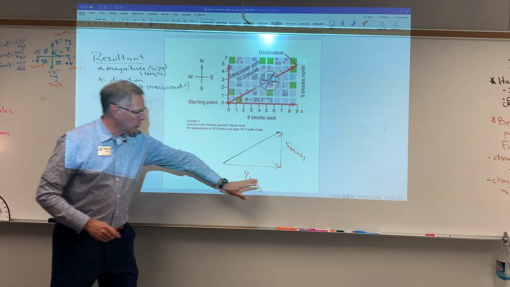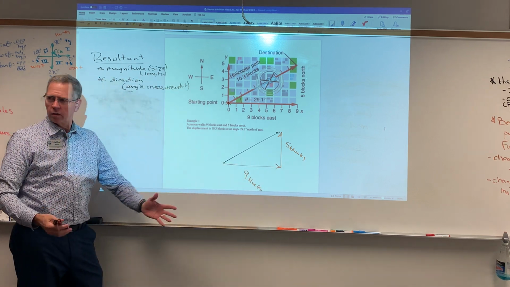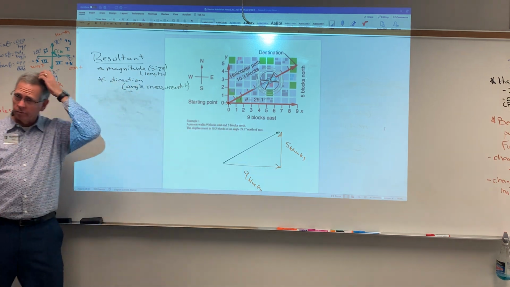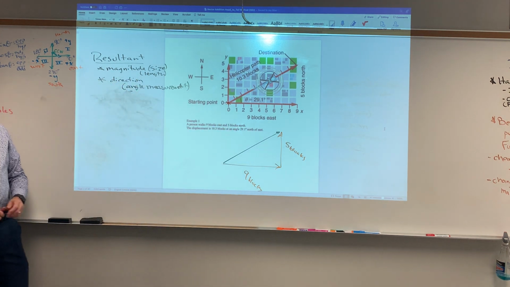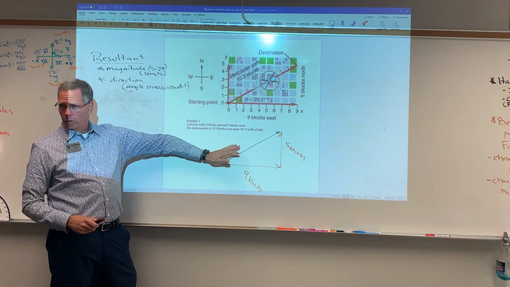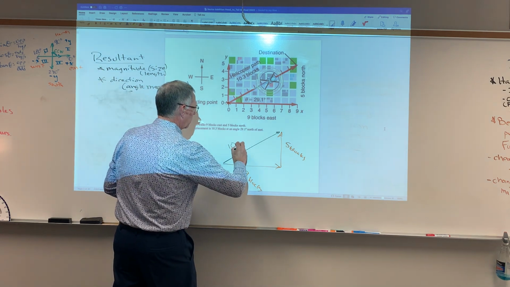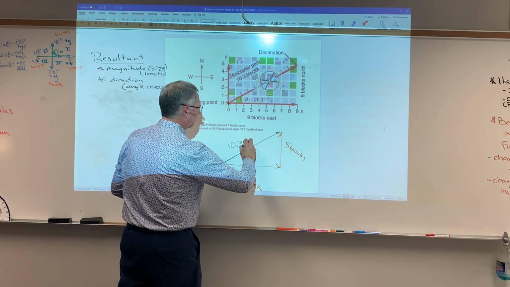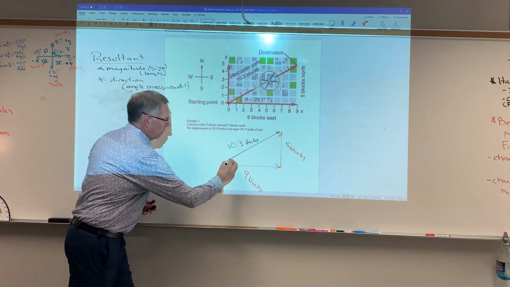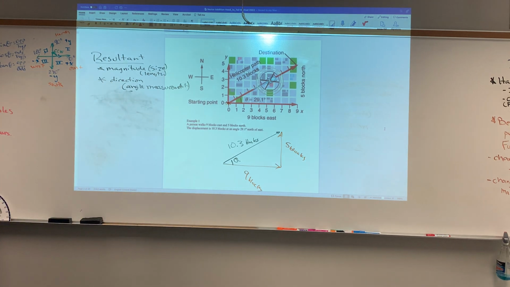In this case, this one's pretty easy. If we can do this mathematically, it's called an analytical solution. How would I find the length of the black line there? Right, the Pythagorean theorem. 5 squared plus 9 squared, take the square root, and you get a distance of 10.3 blocks. Then how would I get that angle measurement?